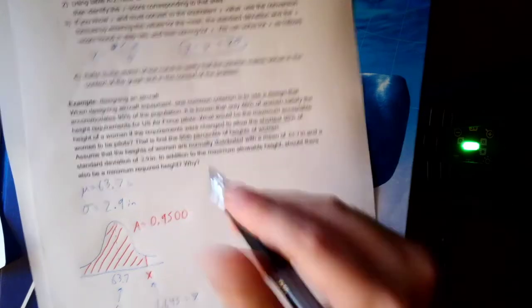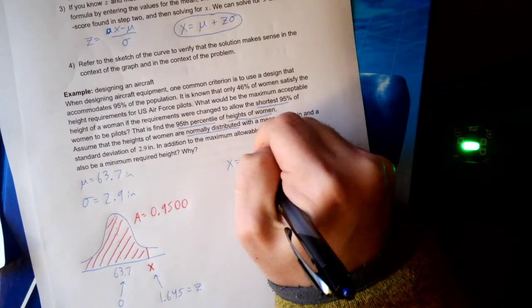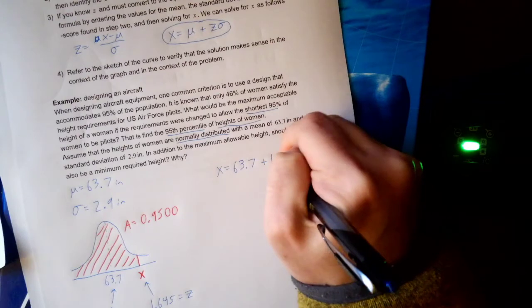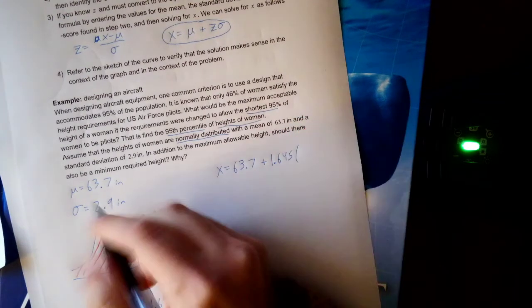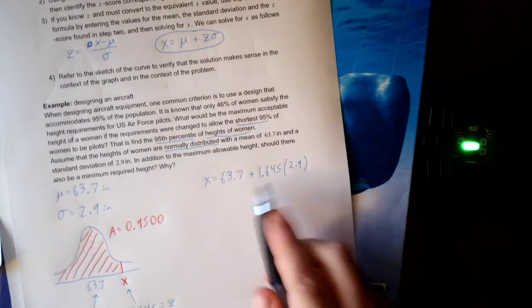I'm going to use this formula. I know x is equal to mu, 63.7, plus z, 1.645, sigma, which is 2.9. Multiply before you add.